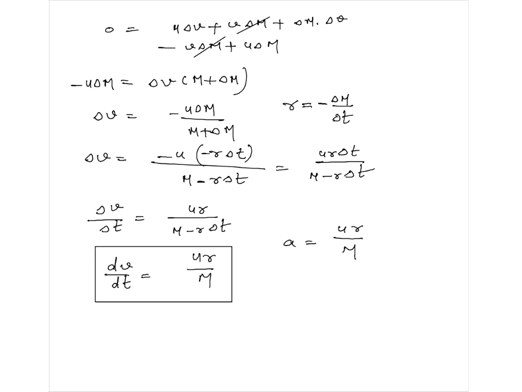Mass is falling and falling. U as a number is with respect to the rocket. So when you put some numerical value for U, that numerical value will be the same. The velocity of gas with respect to the rocket has a fixed numerical value.